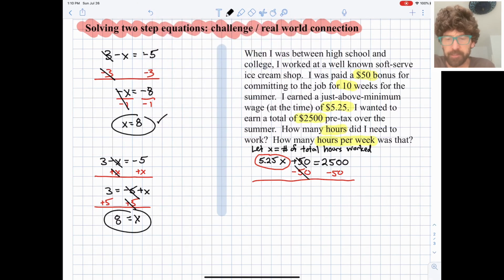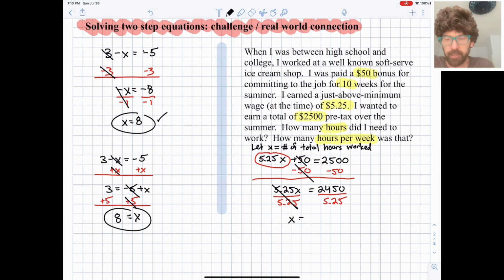These 50s cancel. We're left with 5.25x on the left side. 2,500 minus 50 is $2,450. Now we can go ahead and divide by the $5.25 per hour I'm making, so we can solve for x. These cancel, and we're left with an x on the left.